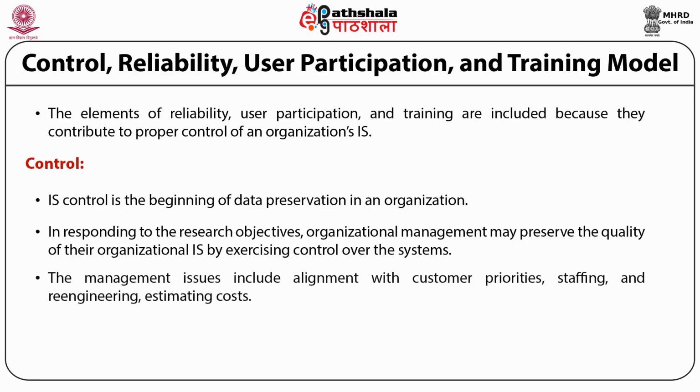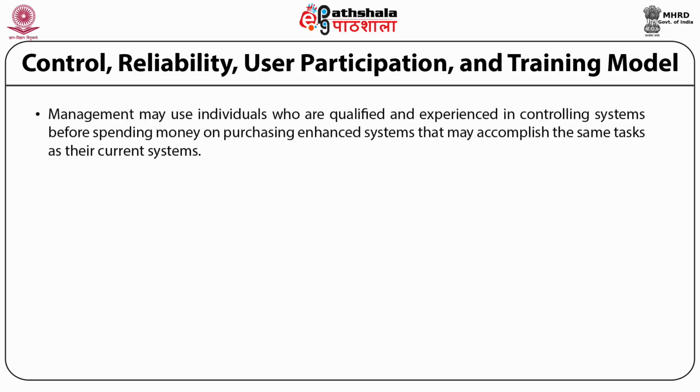Management should consider exercising control to uphold responsibilities and roles and avoid scope divergence, schedule slippages, and cost overruns. Management may use individuals who are qualified and experienced in controlling systems before spending money on purchasing enhanced systems and may accomplish the same task as their current ones.